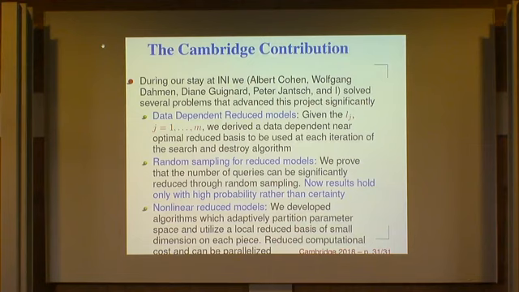And nonlinear reduced models. Well, in reduced models, you have this solution manifold, and a reduced model is, the typical ones are linear spaces, so you're taking a linear space here, trying to approximate the manifold by the linear space.